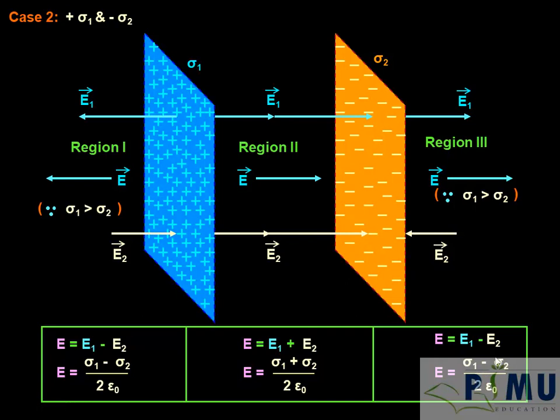And one interesting case will come along with this, that is sigma 1 and sigma 2 are equal and opposite. That is, one is plus sigma and the other is minus sigma. It is of very useful practical importance, this one.